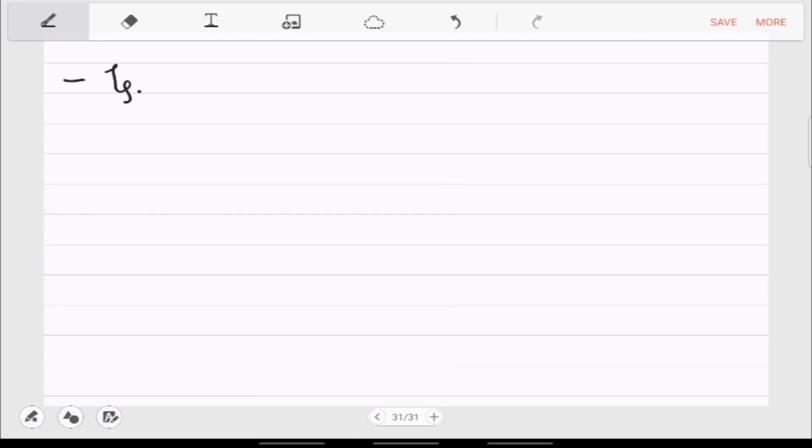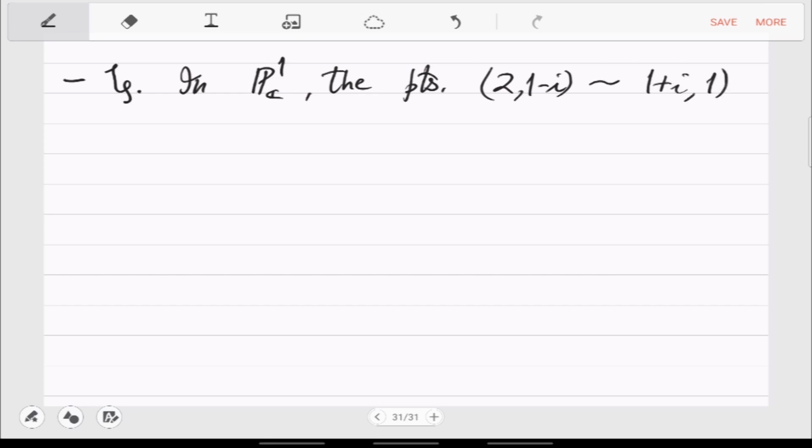So let's see the projective one space over complex. So the points 2 comma 1 minus i and 1 plus i comma 1 are the same. Right, you can see this because you can multiply the second one by 1 minus i, you get the first point.